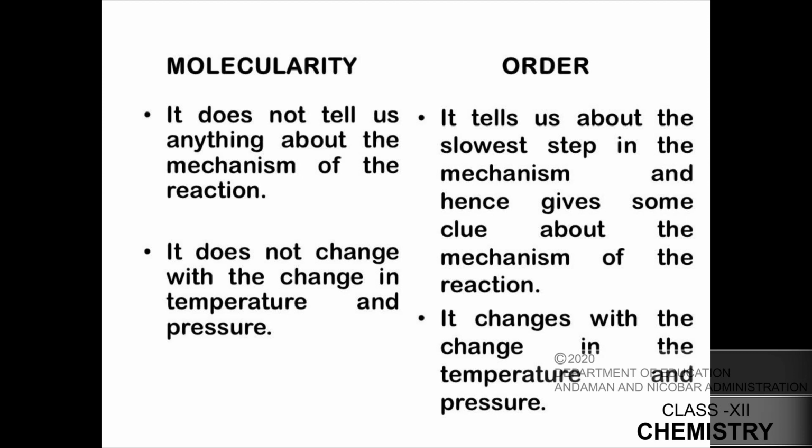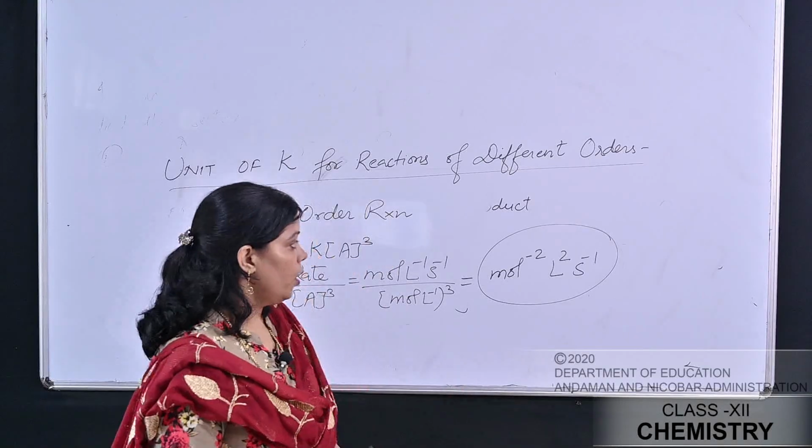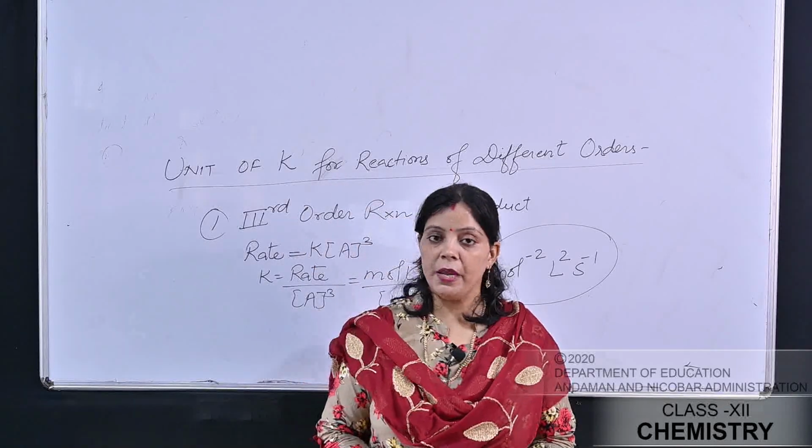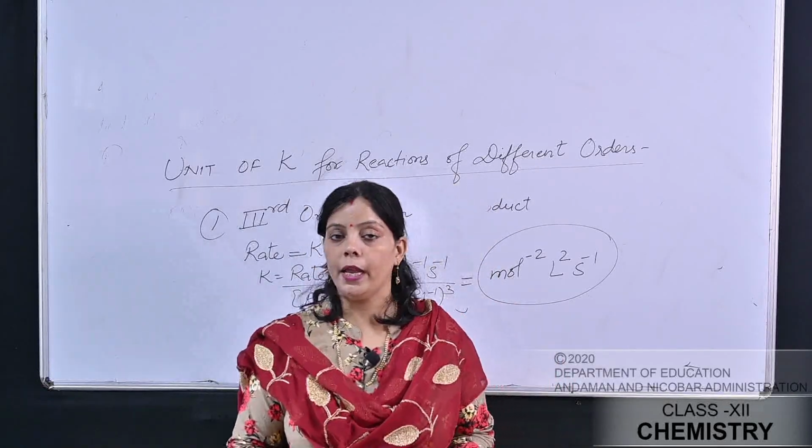Molecularity does not change with change in temperature and pressure, whereas the order changes with the change in temperature and pressure. So these are the important differences between molecularity and order. I hope all of you have a clear idea of the basic difference.